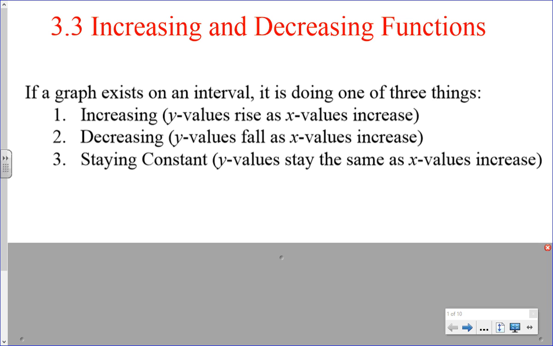You know how to look at a graph to determine these things, but we need to be able to look at an equation and determine these things. And with calculus, we can do that.